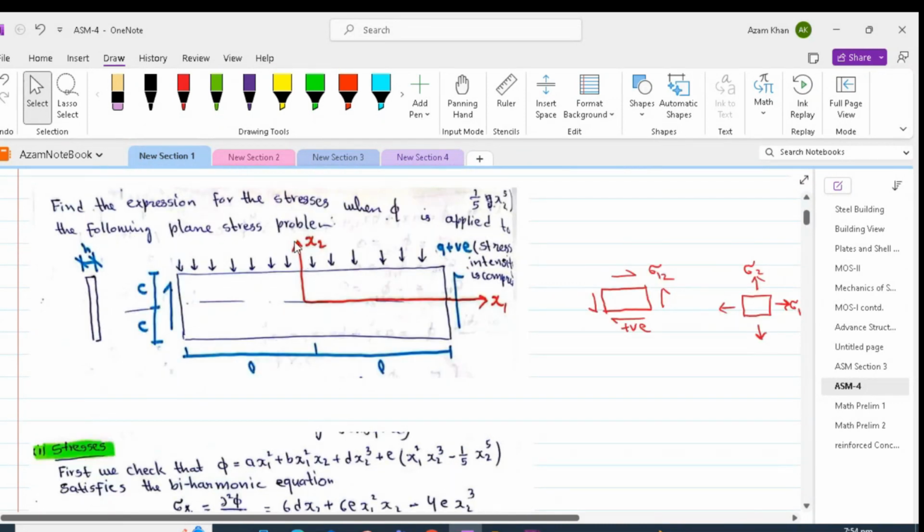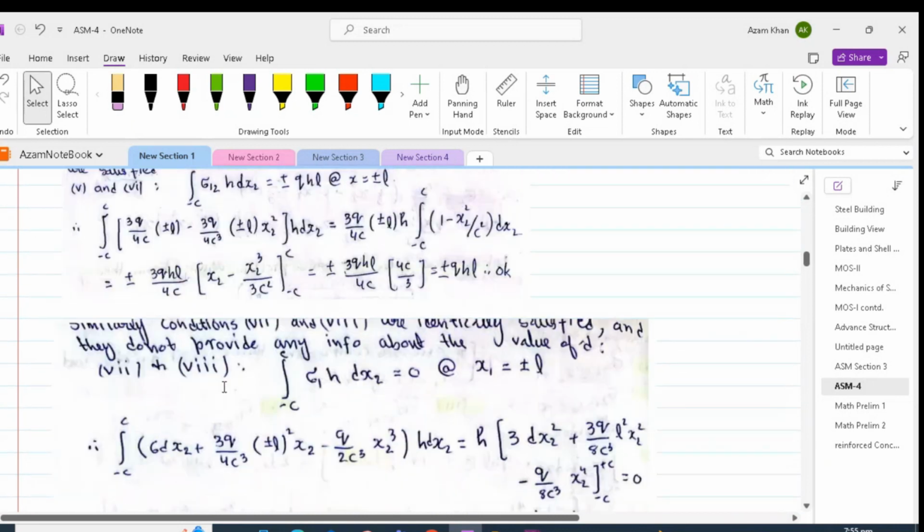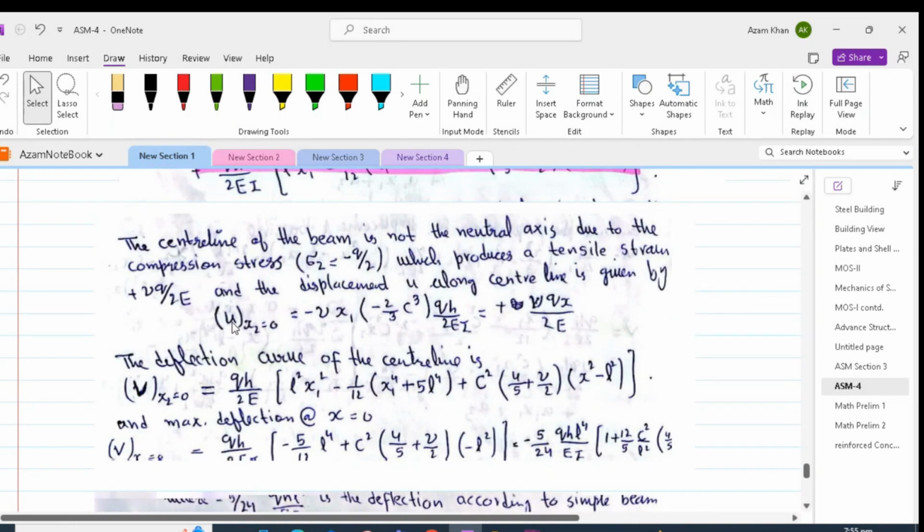So the axial stress in the x2 direction, sigma 2, produces compression force at the neutral axis, which in turn produces tensile strain or displacement of the neutral axis in the x1 direction. It is because of this reason that if we try to find out the horizontal displacement of the neutral axis by plugging x2 equal to 0, we will get nu qx by 2E. So that clearly shows that there is a stretching of the central line.